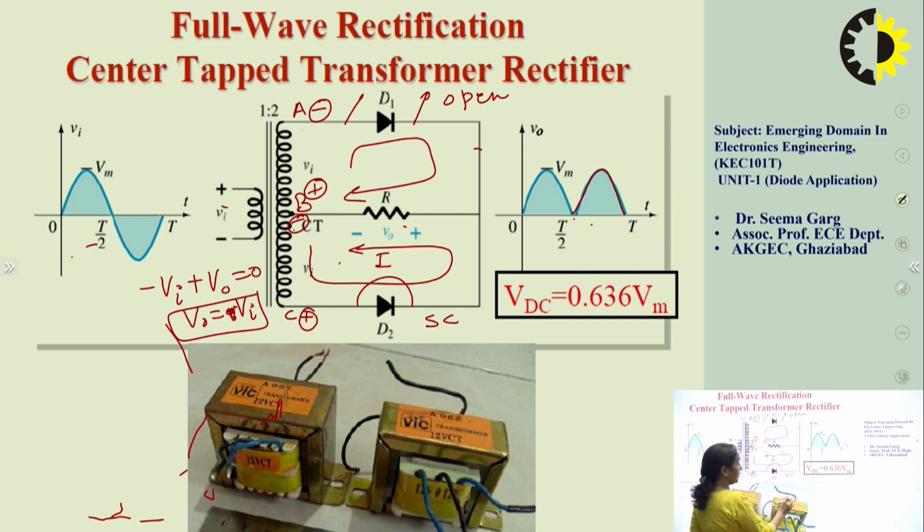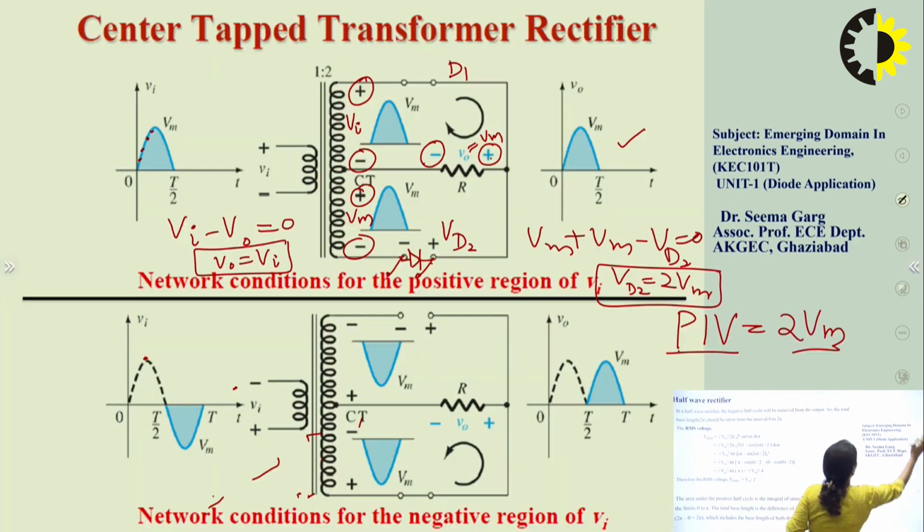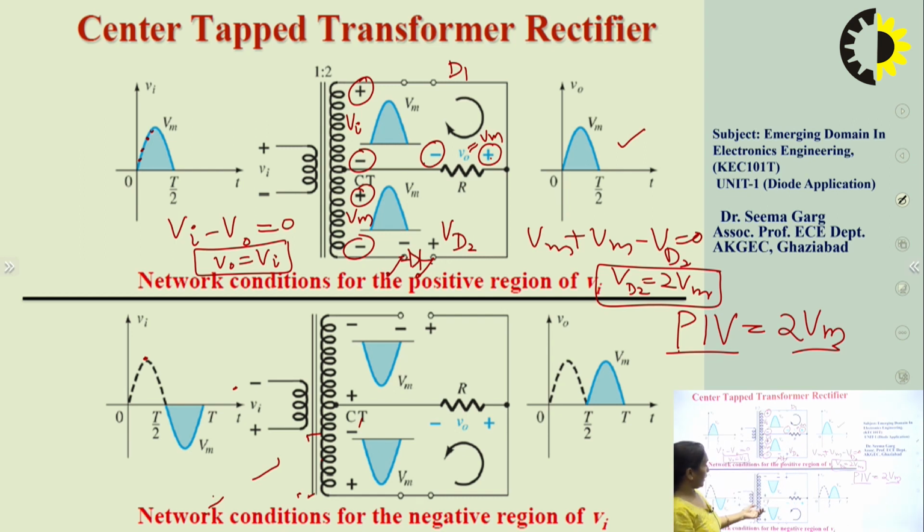So again, during the second half cycle, that is T/2 to T time period, when diode D2 was short circuit and D1 was open circuit, again the maximum voltage is Vm, and here also the voltage applied across the first half of the secondary winding of the transformer is Vm.